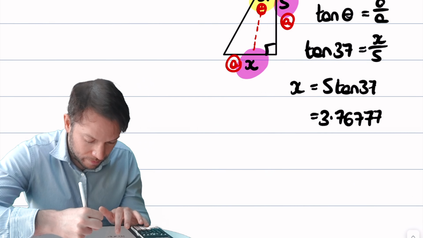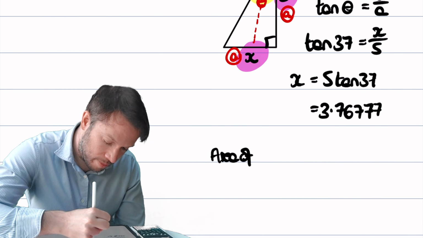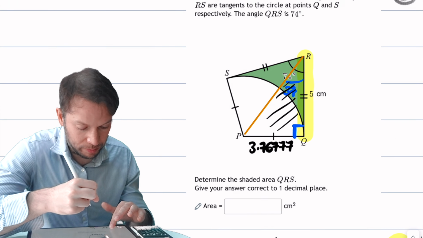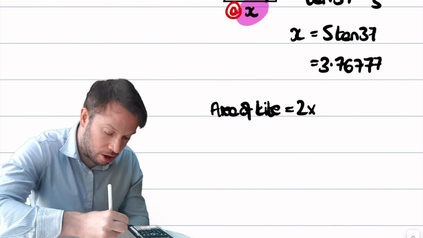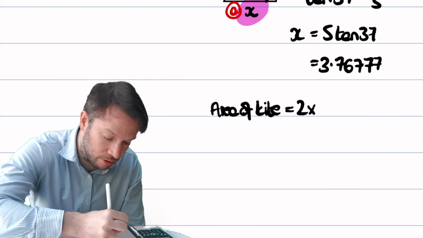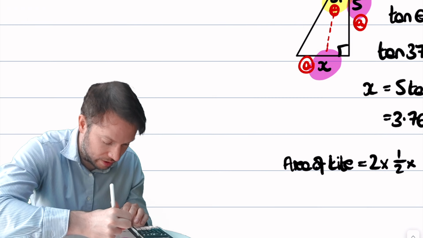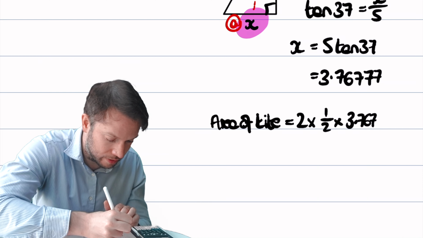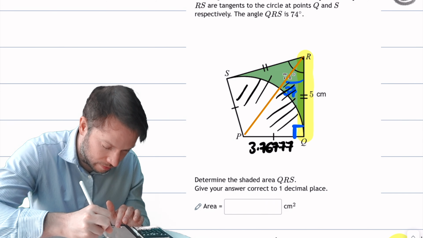So the area of that triangle, or the area of the whole kite, is 2 lots of, because we've got 2 of those triangles, 2 times half times base times height. That's the area of a triangle. So it's half times the base, which is 3.76777, multiplied by the height, which we can see is this 5 here.